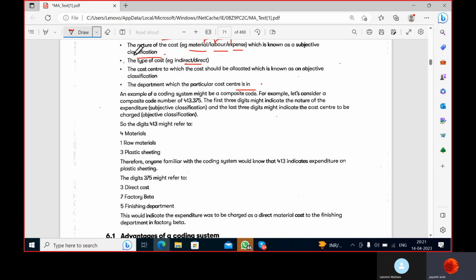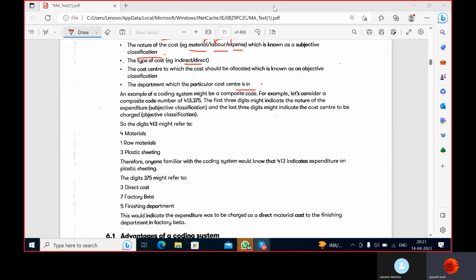Many companies are divided into departments, and then departments have their costs and the cost centers take notice of that. In small organizations, there will be one cost center, but in big organizations, departments will have their own cost centers as well.